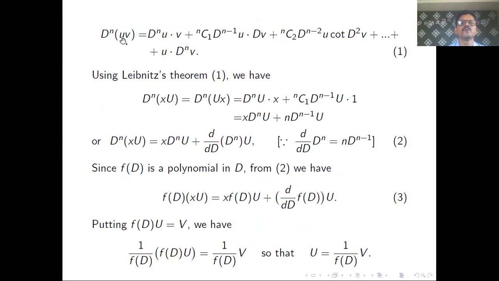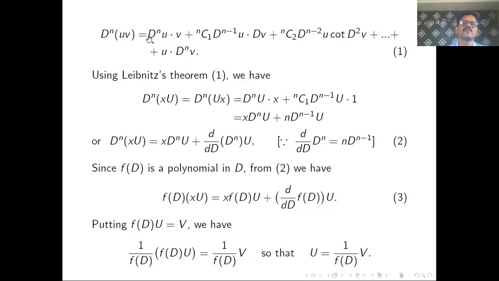D raised to n of uv, meaning the nth derivative of uv, is equal to d raised to n of u into v plus nC1 d raised to n minus 1 of u into dv plus nC2 d raised to n minus 2 of u into d square v, and so on, plus u into d raised to n of v. Friends, here it was wrongly written as cot, this must be dot.